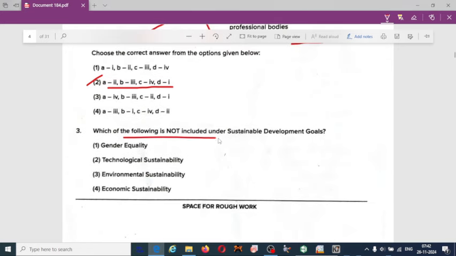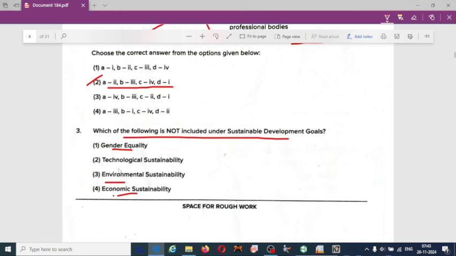Which of the following is not included under sustainable development goals? If you carefully observe, sustainable development includes many points like gender, technology, social media, environment, economic. But the most common are the first one, the third one, and economic.